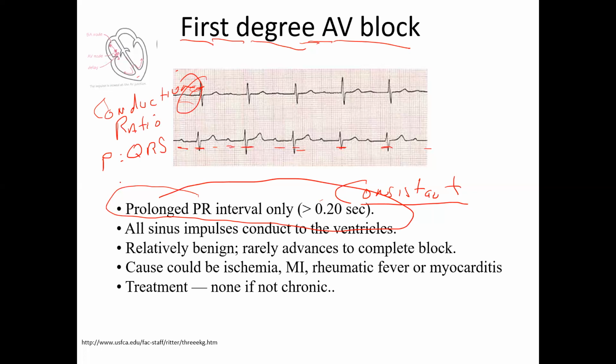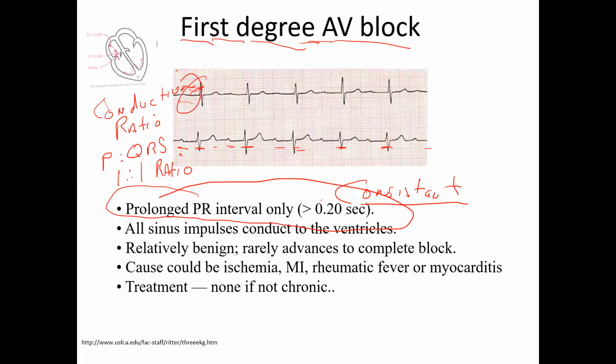So this is a 1 to 1 ratio. For every P wave, you have a QRS. So there are no dropped QRSs. So I think you should start here and know the difference between this, normal sinus rhythm, sinus arrhythmia, and junctional rhythm, of course, or atrial rhythm, any other rhythm. So this is a first degree AV block. So I would make sure you know this one first before you can move on.